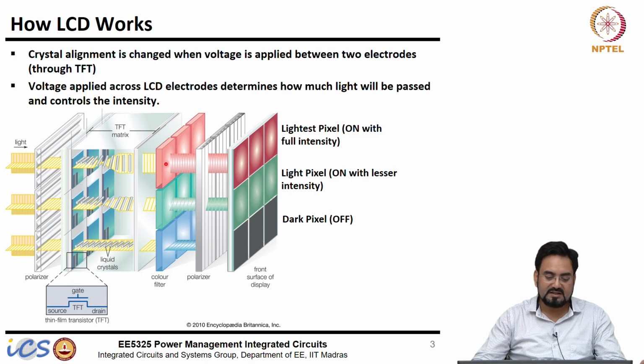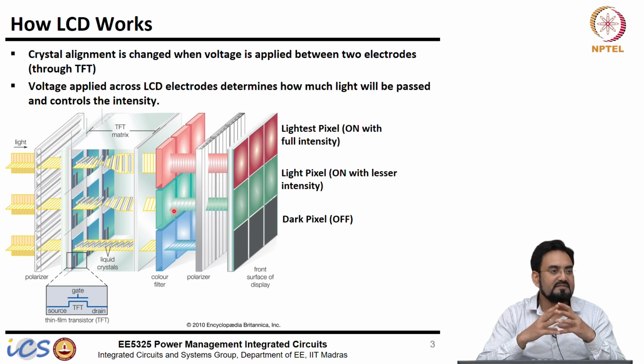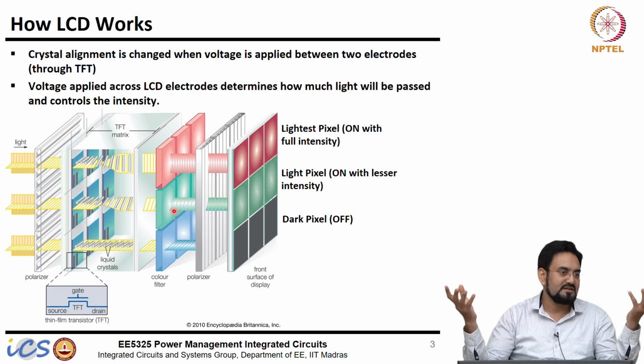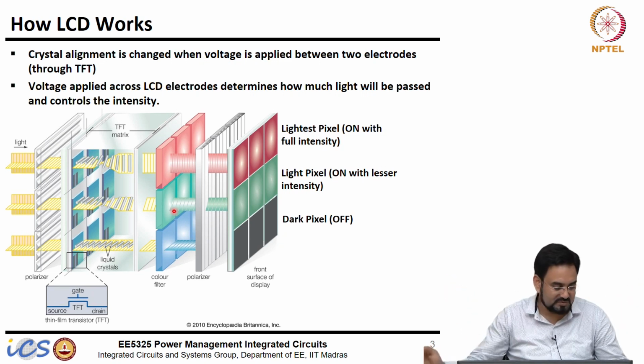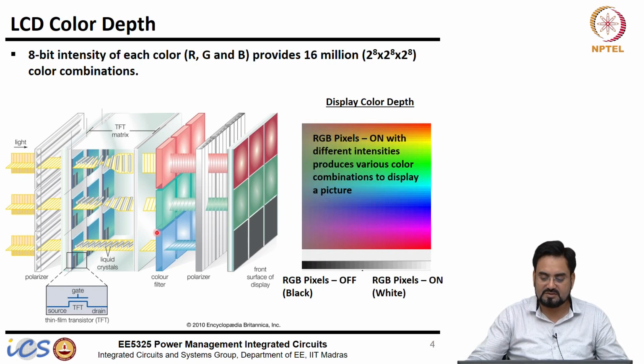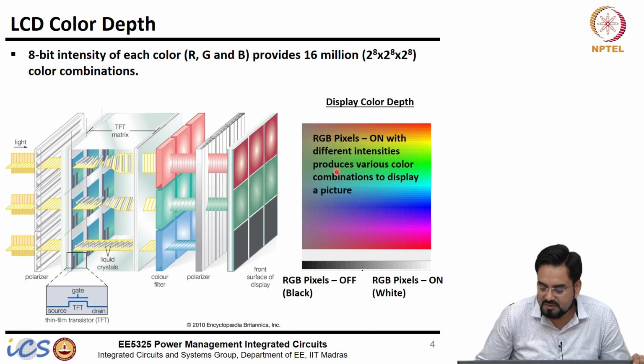So each color, so now you have 3 different pixels, and so let us say you have RGB, red, green and blue. So the different intensities combined in RGB will create millions of colors. That's what happens. And so this is how you create different colors.